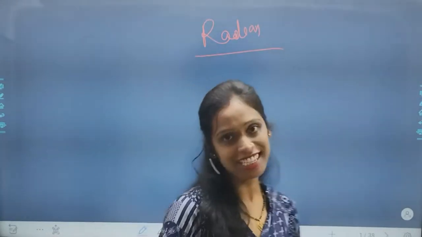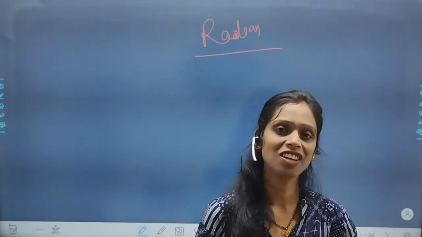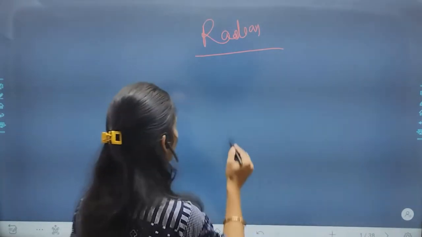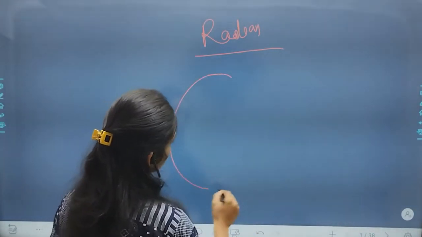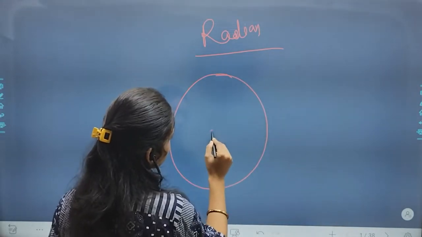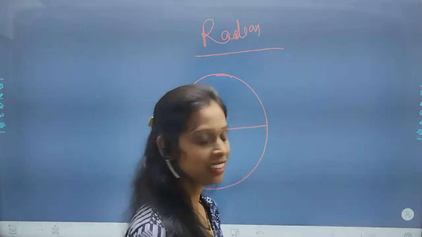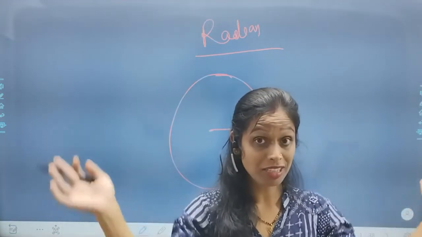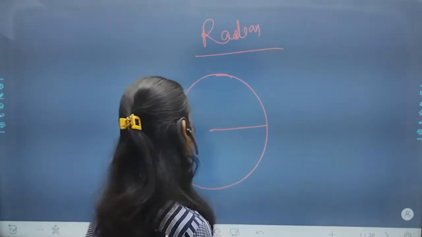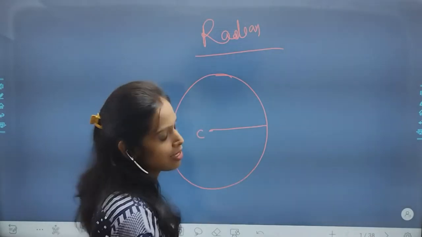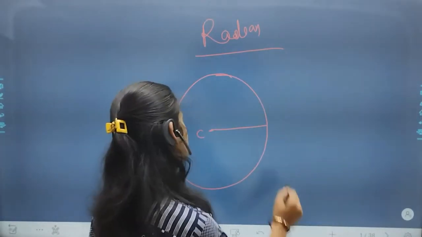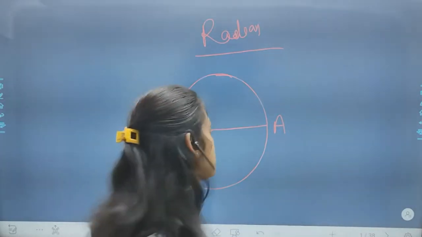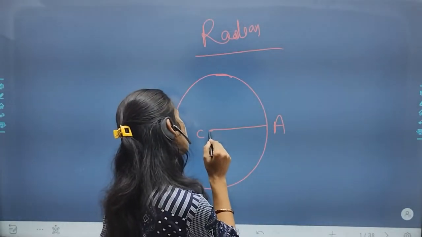A radian is also a unit of measurement of angle. Consider one circle. Let us suppose this is a circle with center C and this is point A, and it rotates.